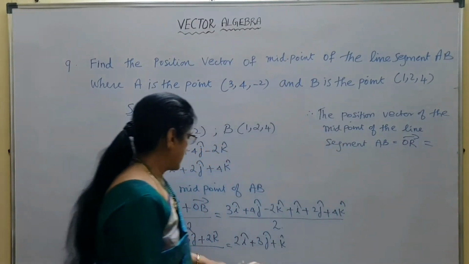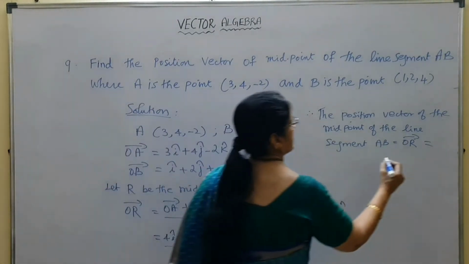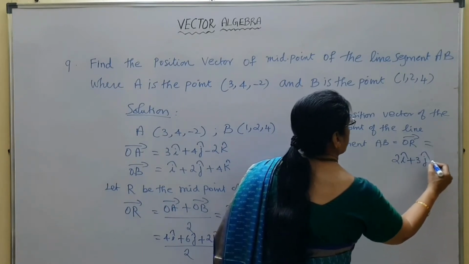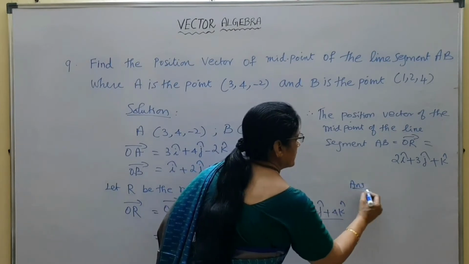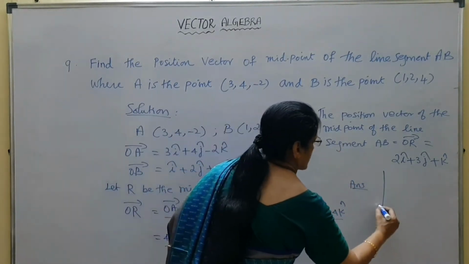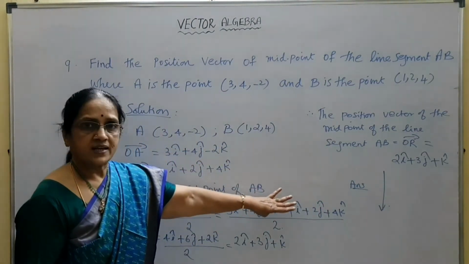It's nothing but 2i cap plus 3j cap plus k cap. Finally, you need to conclude your answer. Rewrite the same step once again. That will be the final answer.